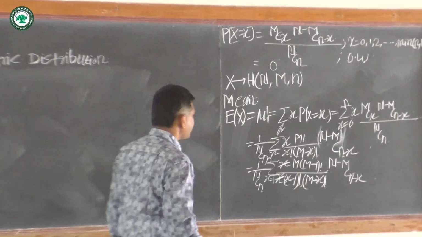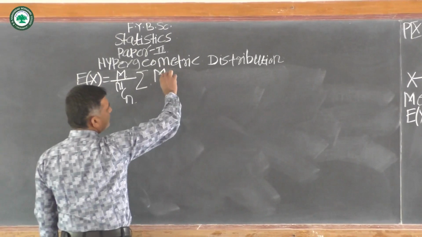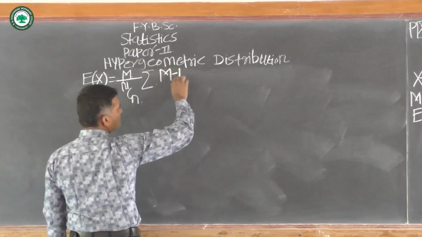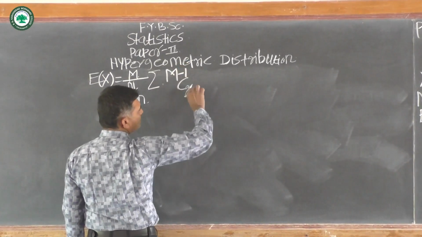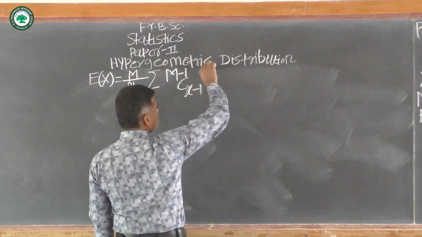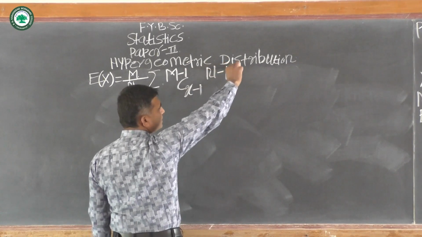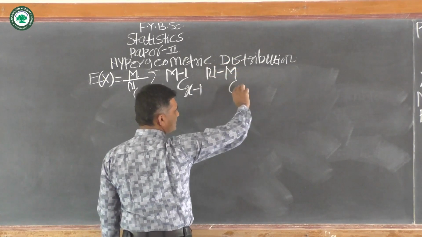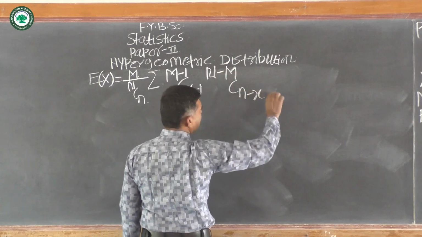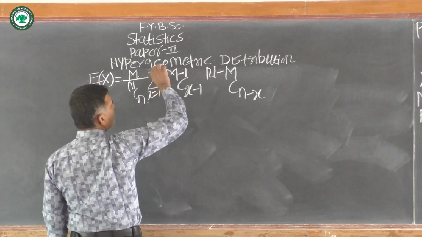This can be written as (M minus 1)C(x minus 1) and (N minus M)C(n minus x), summation over x running from 1 to n.